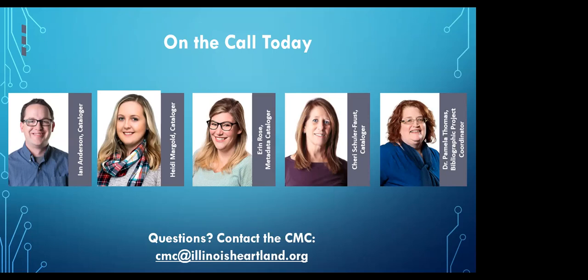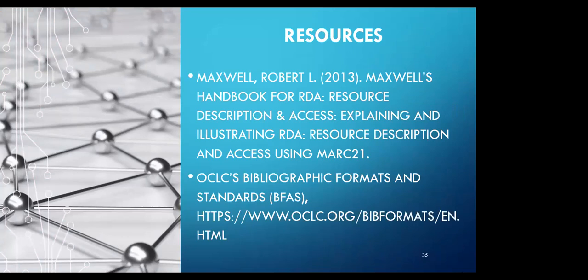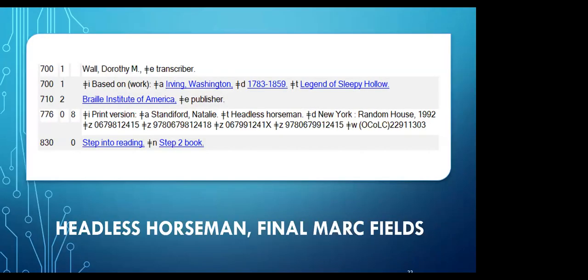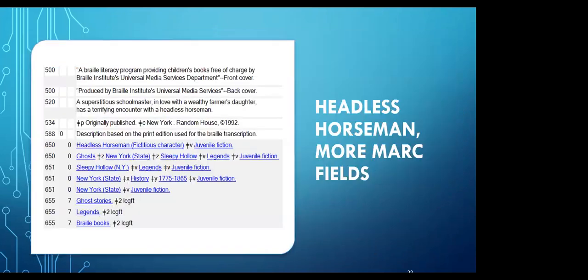Pam, I have a question. Can you go back on your slides? I thought it was on the Sleepy Hollow book. I thought it had written in there contracted at the top, and I don't recall that being in the record. Where would that go in the record? It would be in a 500. And you would just say contracted Braille? Yeah. Okay. Yeah, it was on the page, on the cover.